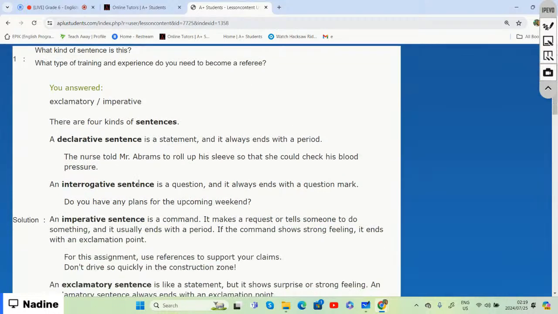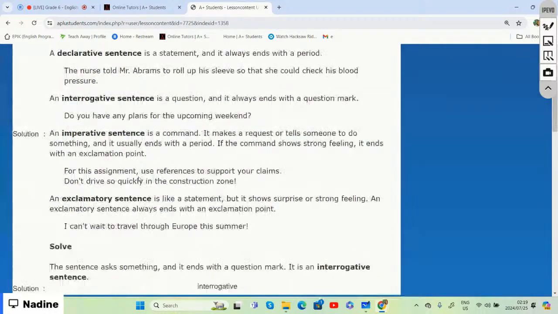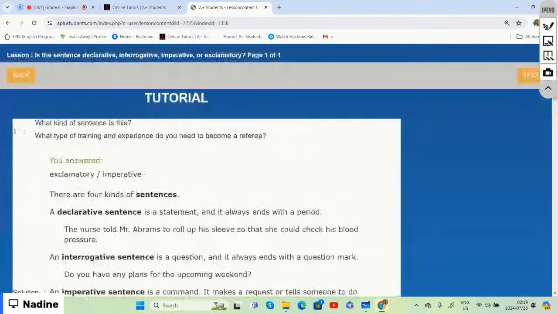All right. So now we're going to look at an activity, and then after the activity, we're going to our test. It says, what kind of sentence is this? What type of training and experience do you need to become a referee?